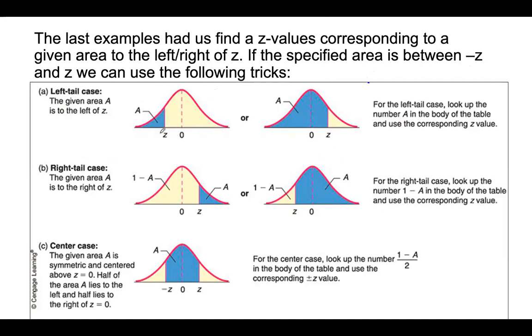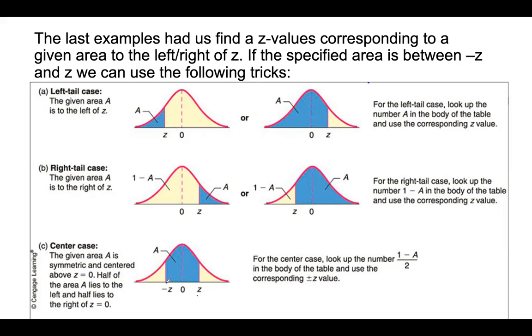If you have Z on this side, it's the same as this value, because there's symmetry here. This area here is equal to this area here, so you can use symmetry between the areas as well.